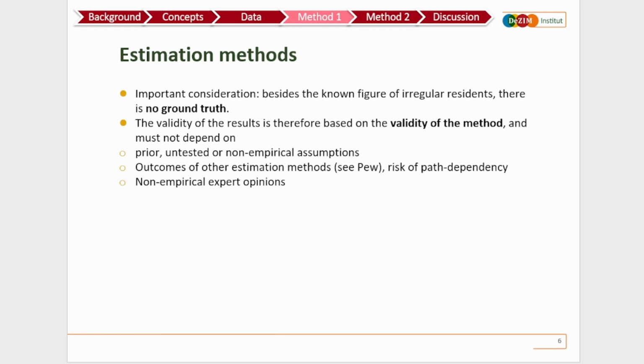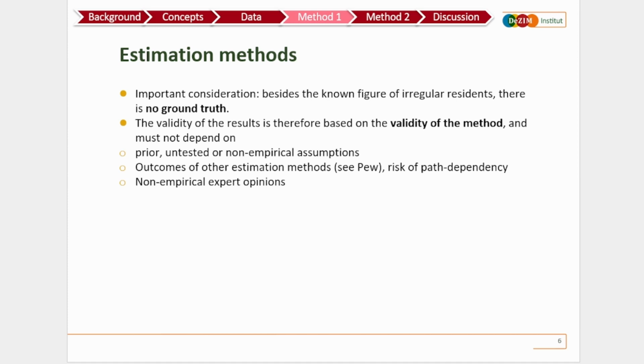And obviously, besides the known number of regular residents, there is no ground truth data to compare it with, so it has to come from the method. The two formulas that are part of this residual method form a two-equation system that can be solved if the data behave as they should.